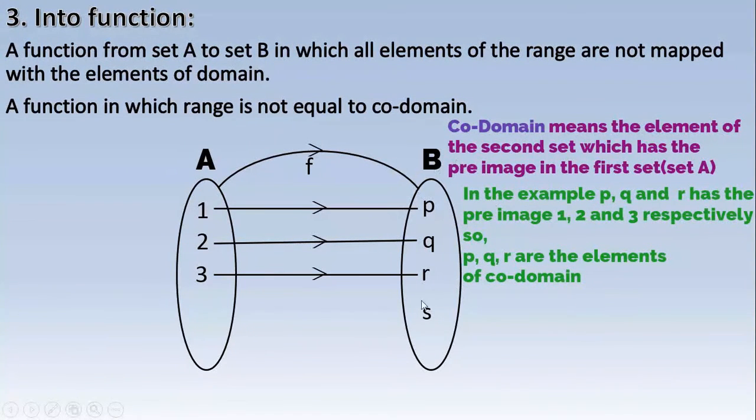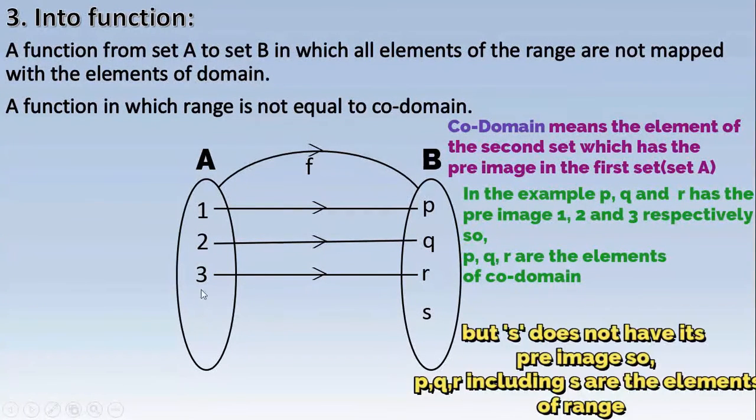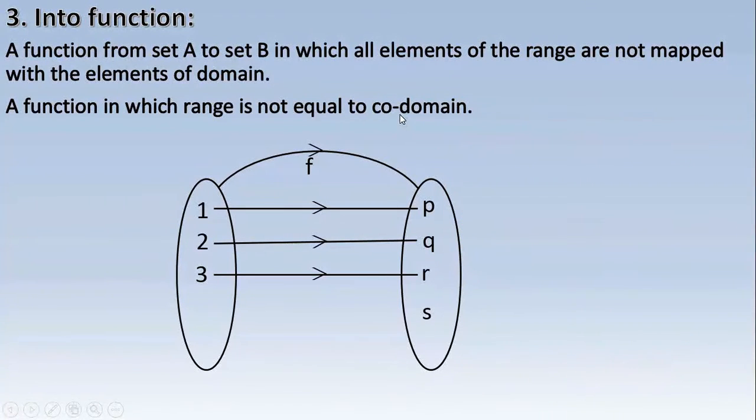So they are called range. But S doesn't have a pre-image in the first set. So P, Q, R and S are codomain. So don't be confused. Range means the elements which have their pre-image in the first set, but codomain means the elements of the second set which may or may not have their pre-images in the first set. It doesn't matter whether they have a pre-image in the first set or not.